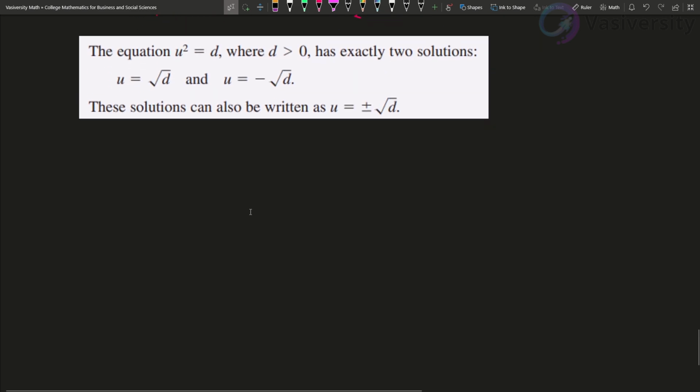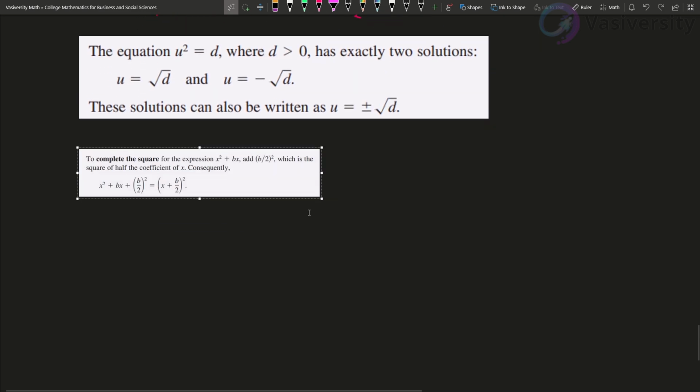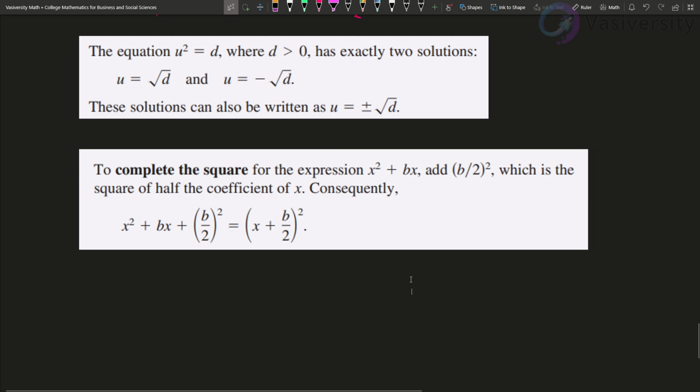So let's take a look at it. To complete the square for the expression x² + bx, we have to add (b/2)². Consequently, the formula would be x² + bx + (b/2)² = (x + b/2)². So essentially, that is a full square here.